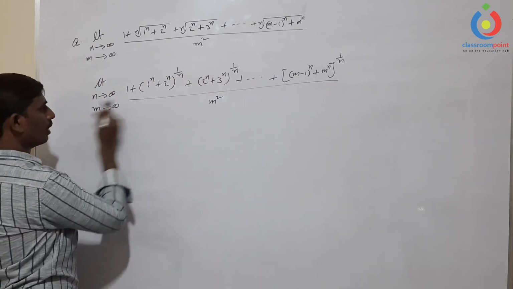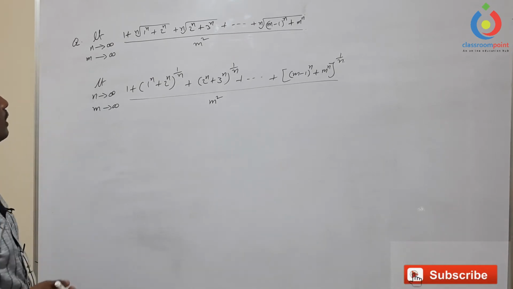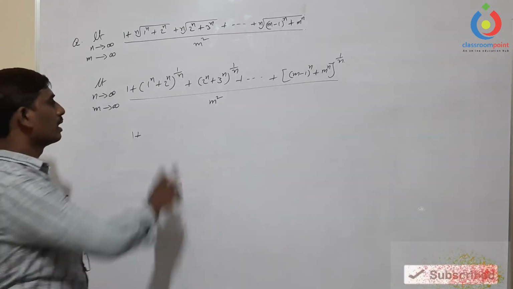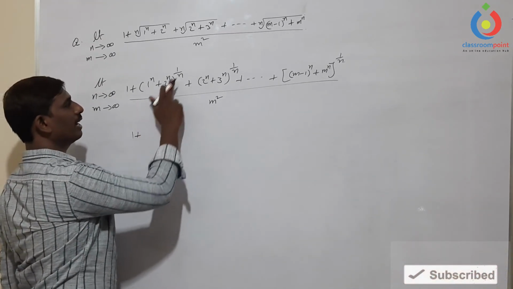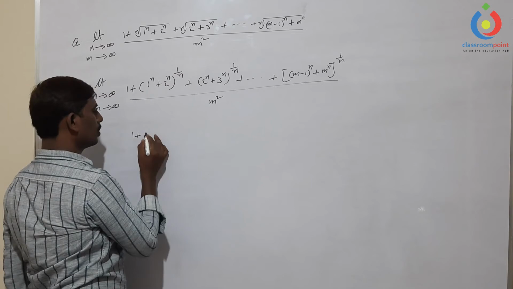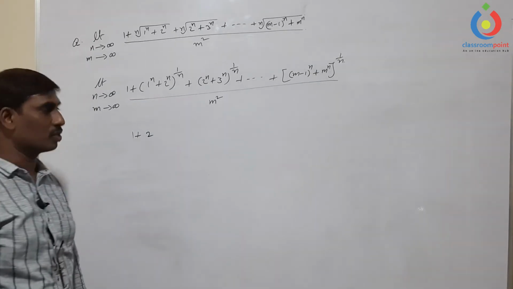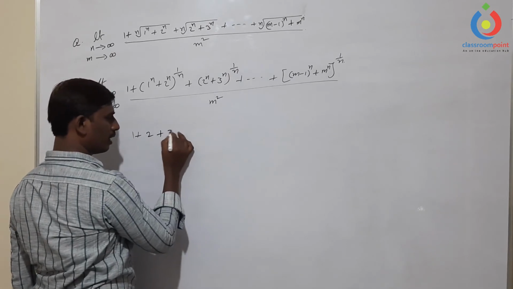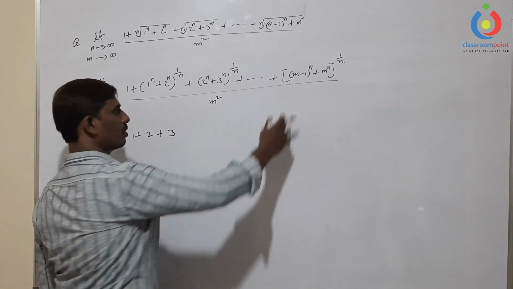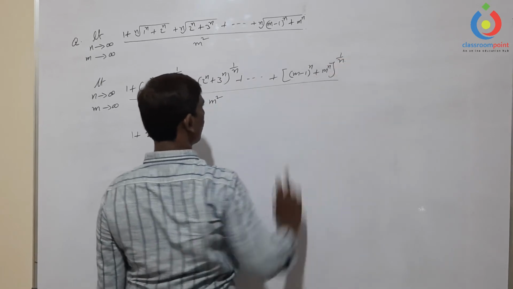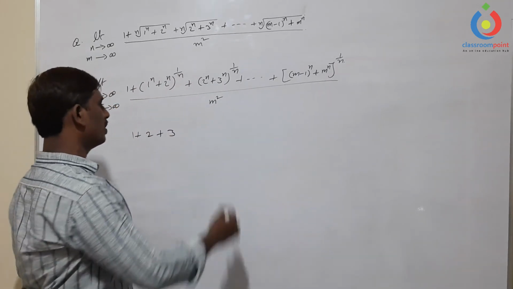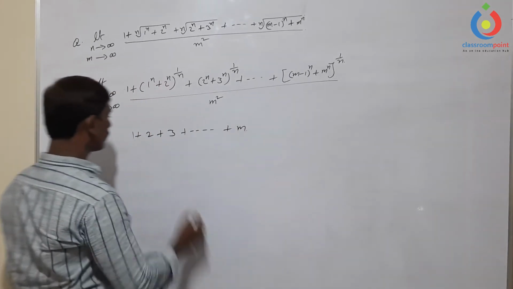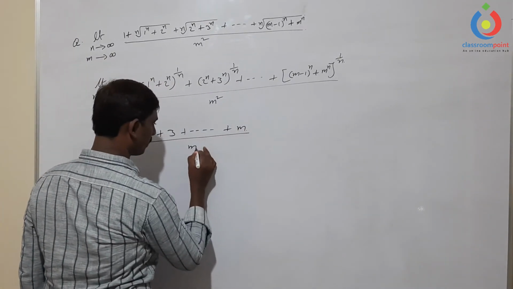First point is 1 as it is. Here this is infinite power 0, so take the highest value, that is 2. Here also take the highest value, that is 3. Here also m power infinite power 0, take the highest value, that is m, so it is m by m square.